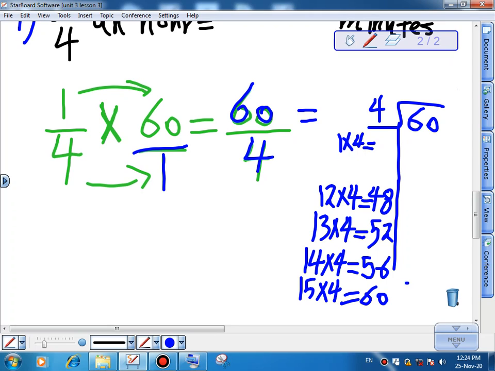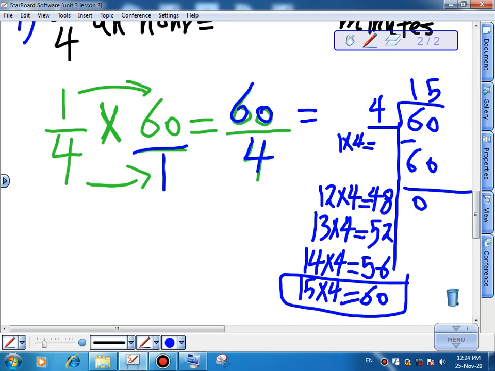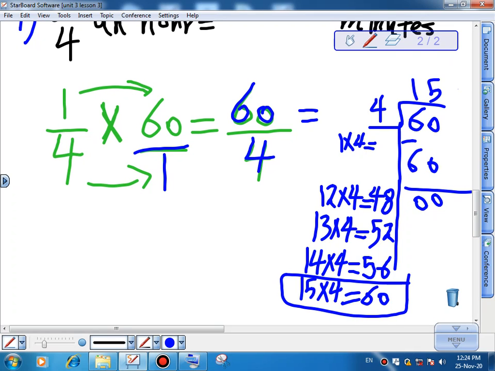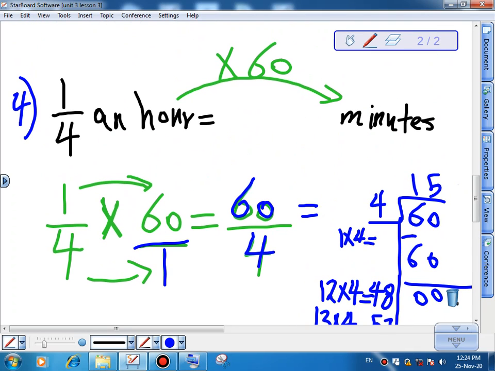So 60 down and 15 up, subtract, 0. The quotient here is 15 minutes. 1/4 of any hour, 1/4 of an hour equal to 15 minutes.